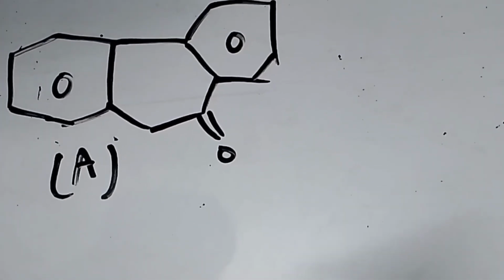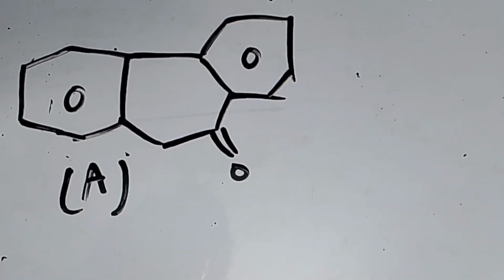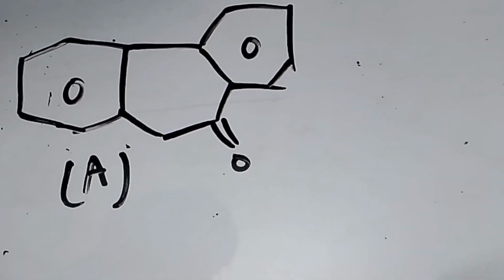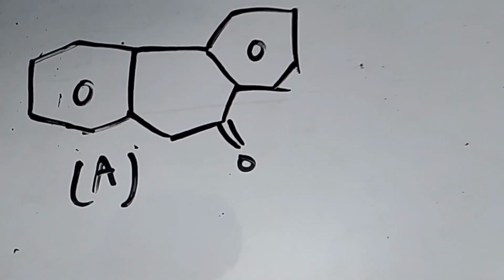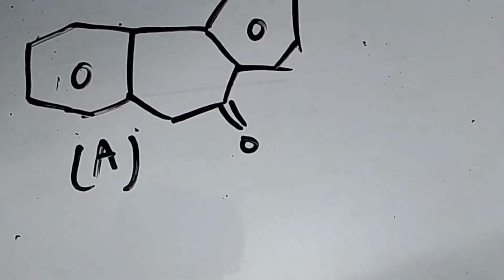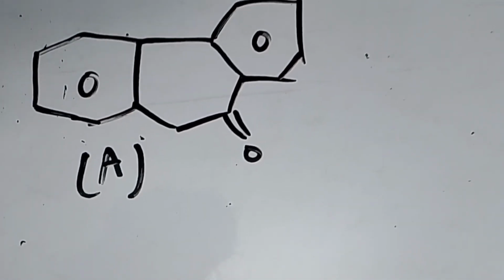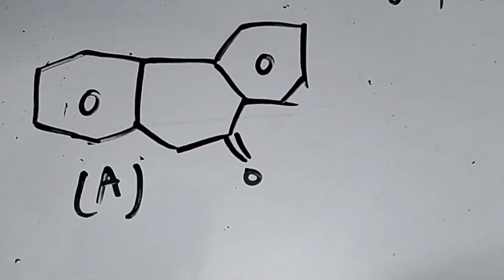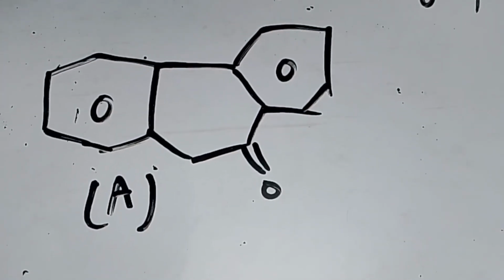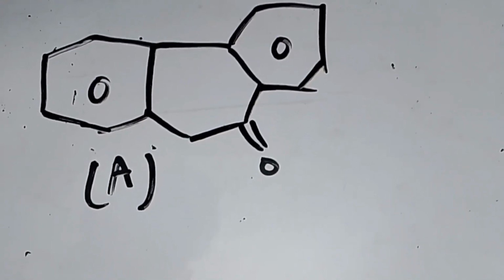The second would be an attack on a pi star if present in the system. Third would be the attack on the sigma star, that is, if any leaving group is present within the system which is linked with a sigma bond. And the fourth priority would be that of alpha hydrogen, which takes place in the case of aldol reactions.